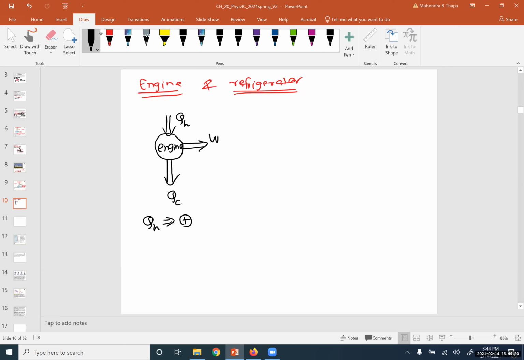Heat is rejected, so we take the symbol QC, whose value is negative, and work done is positive.